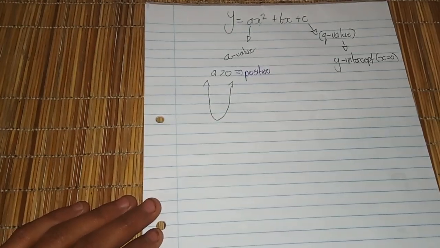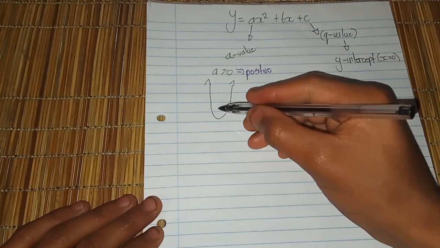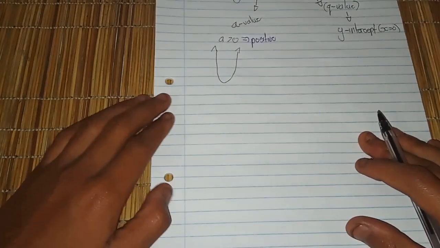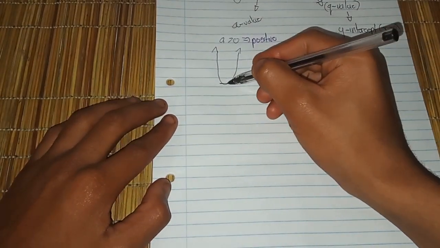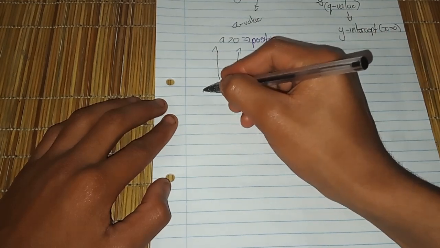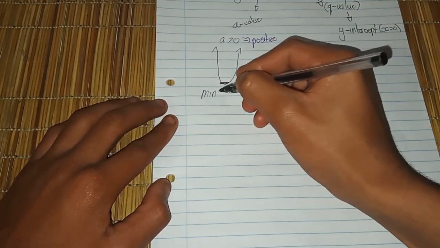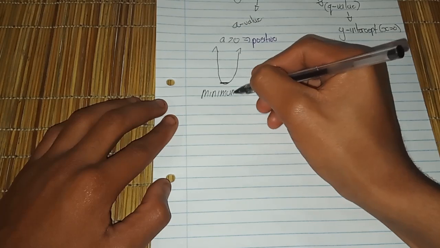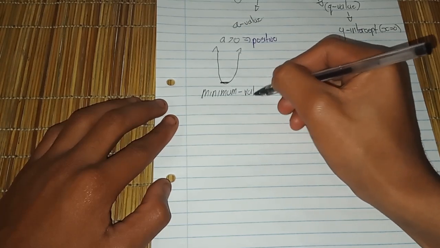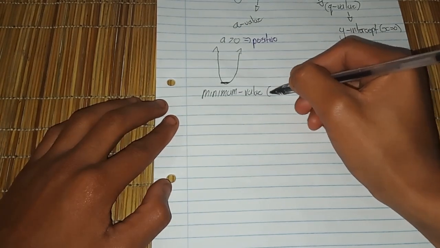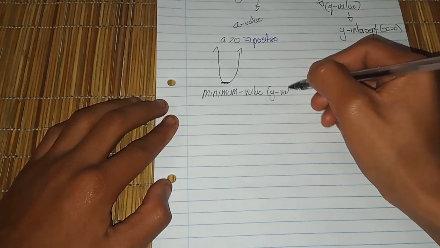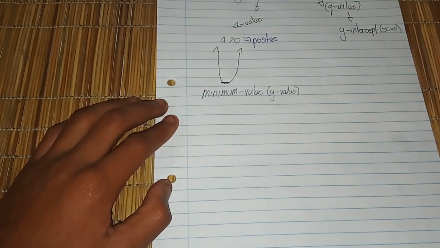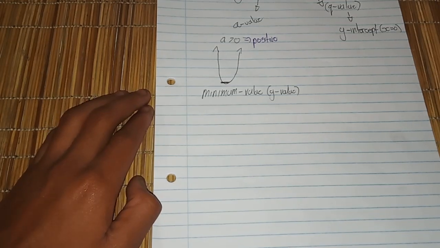Now, please note, when the parabola is smiling, then we say it has a minimum value, and that will be your y value. So the y value is a minimum. They will normally ask in a question, what is the minimum value of the graph?